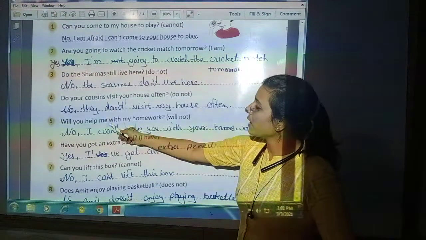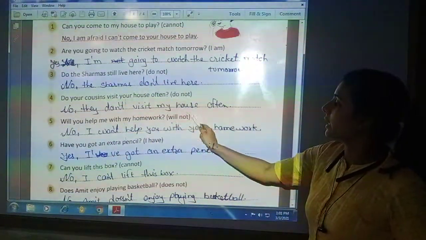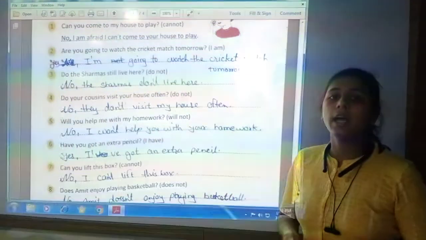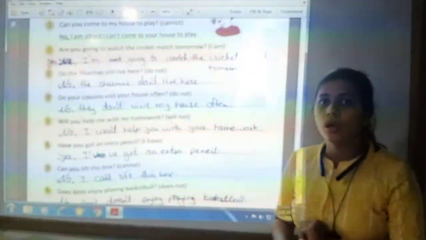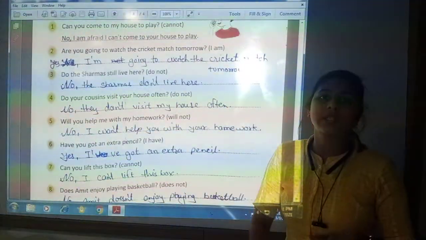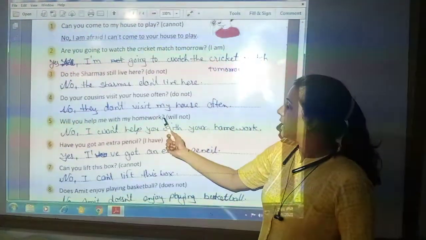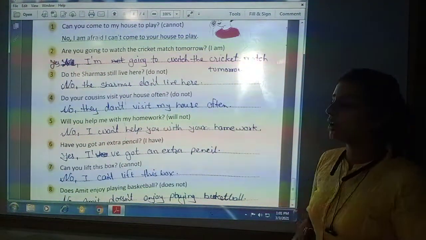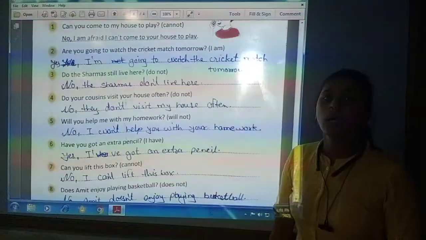Next is, will you help me with my homework? Here again not is given, that means the answer will be negative, and first you will say no. Then the answer will be, as it is asked to you, you will say I. What we have to contract, or make the short form of, is will not.